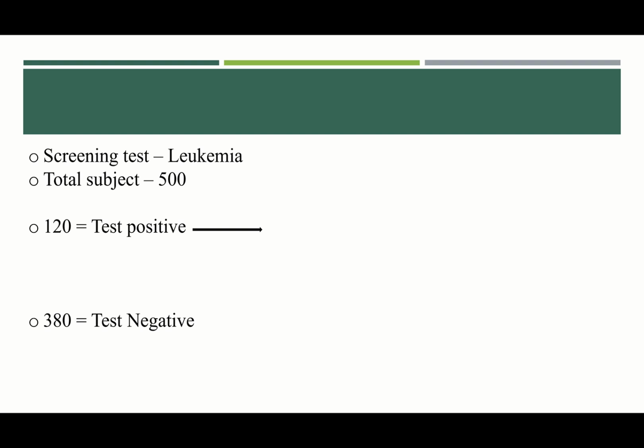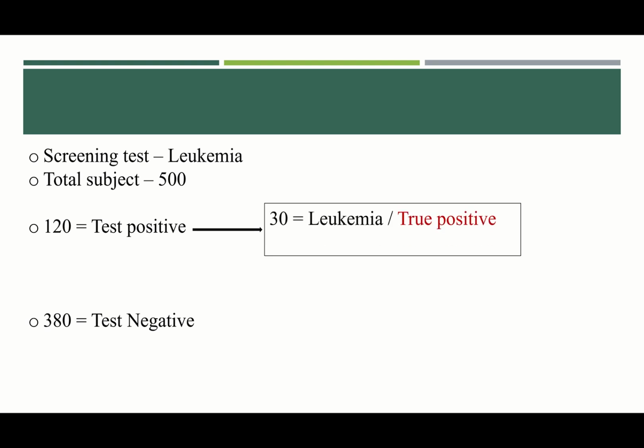So these 30 people among the 120 test positive group actually have leukemia, and they had a screening test positive earlier as well. So these 30 are your true positives. The remaining 90 people that had a screening test positive but actually do not have leukemia are false positives.